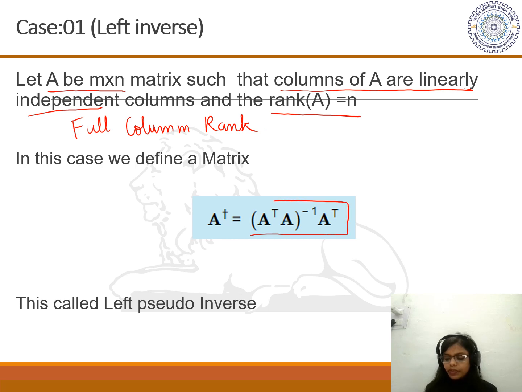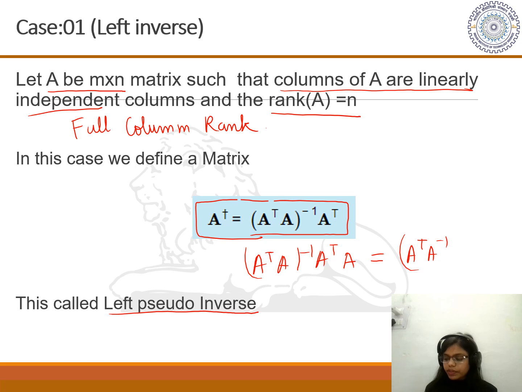We call this the left pseudo inverse, because when we multiply this inverse to the left of A, we get the identity matrix. We can write it another way, that is (A transpose A) inverse, and we can take these two together. And here we get an identity matrix.